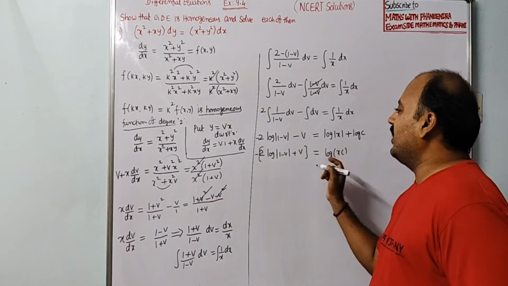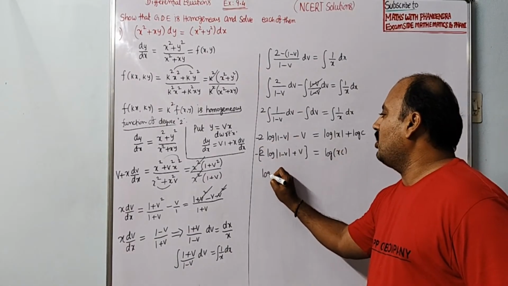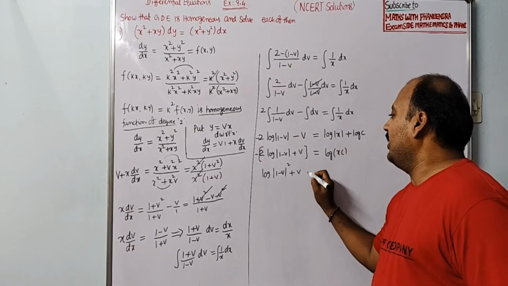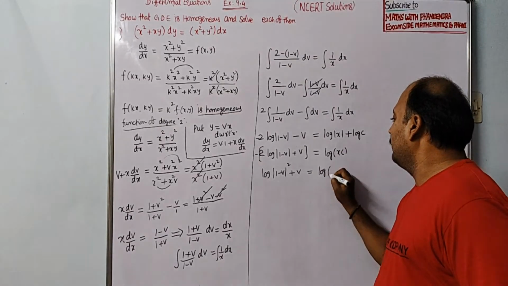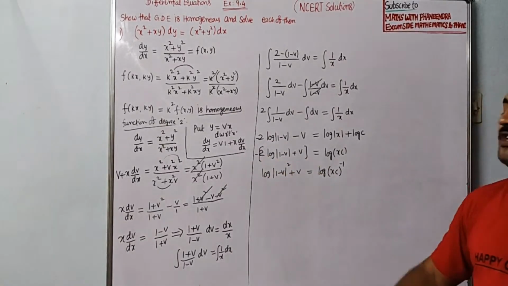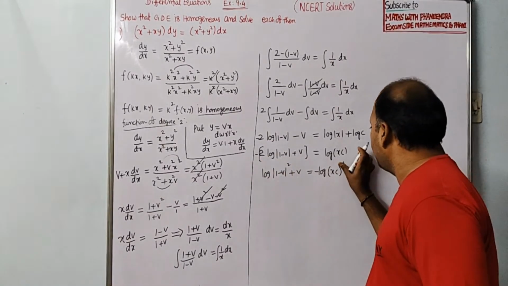This minus value we bring here, and log (1 minus v) whole square plus v equal to log (xc) whole power minus 1. This minus we are taking here. Otherwise, one more step to write it here.